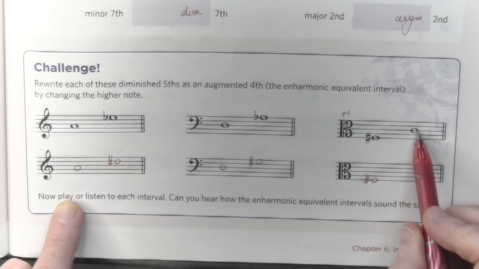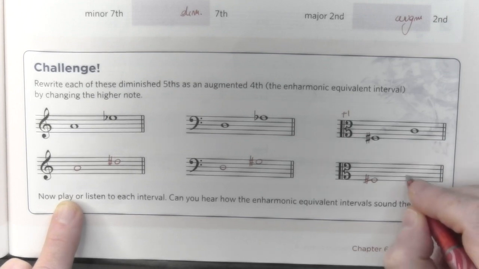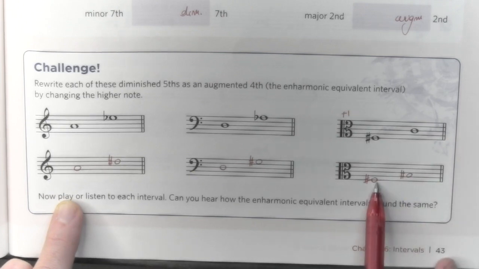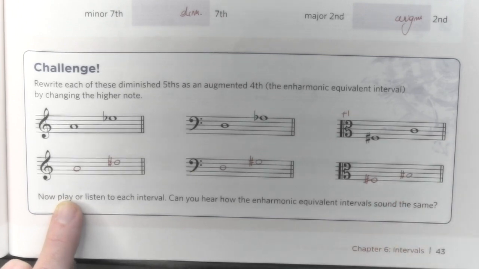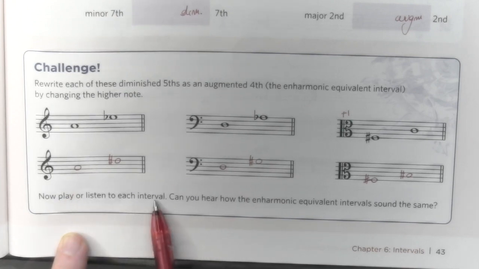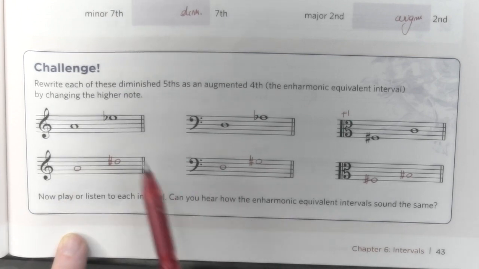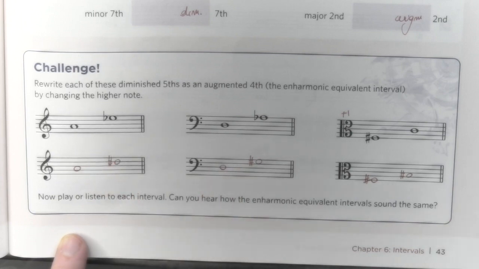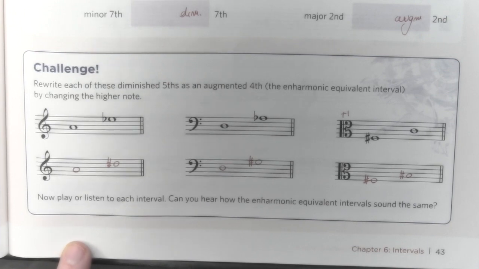So this C, Do, must become a B sharp. So Fa sharp, B sharp is a fourth, exactly. You can also go onto the piano or your instrument and play the notes and see if they sound the same. But trust me, they are the same.